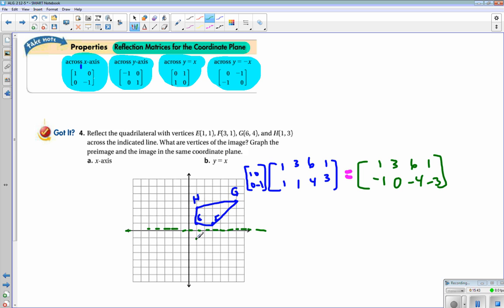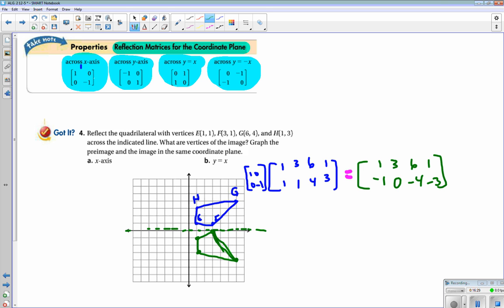So we got 1, -1, 3, 0, 6, -4, and 1, -3. So it reflects it across the x-axis.